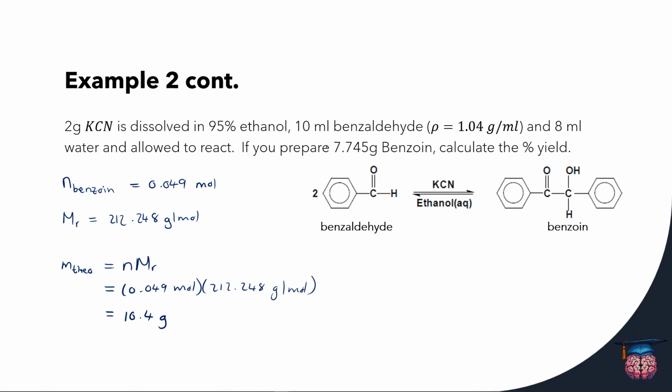Now we have prepared 7.745 grams of benzoin, and from this we need to calculate our percentage yield.